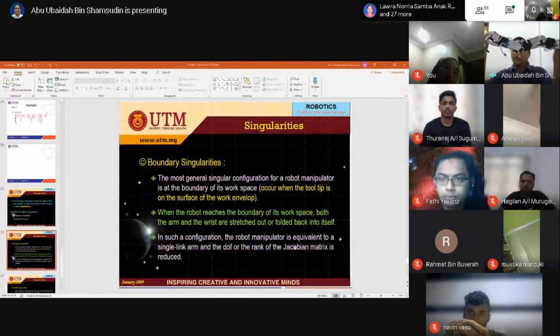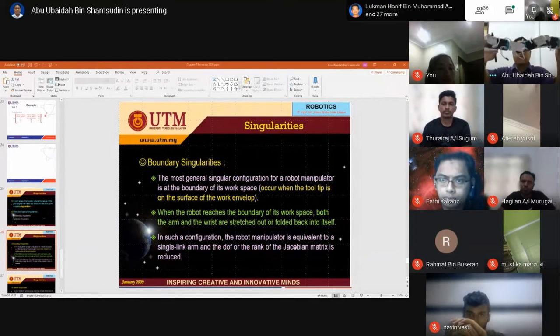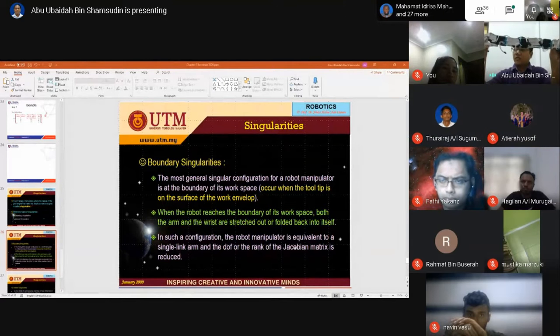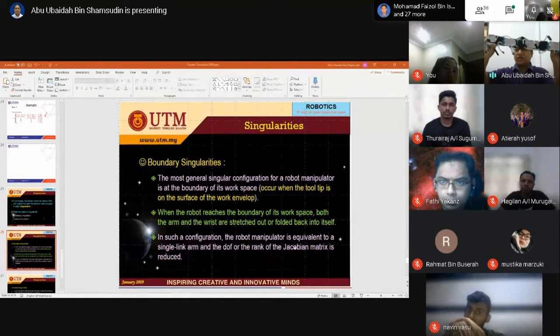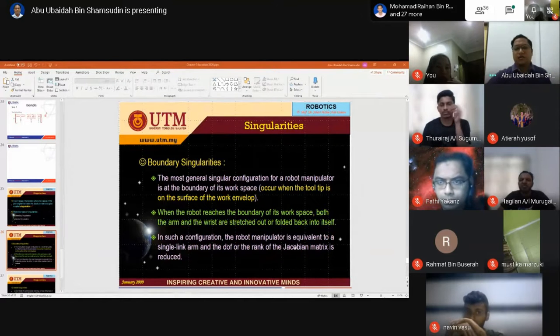The robot cannot move further than this location. This is the furthest distance my robot arm can go. If I tell my robot arm to move around this area here, we will have singularities. The robot arm cannot move anymore. When it reaches the boundary, we want to move it, but it cannot move anymore. So that is one of the problems of boundary singularities.